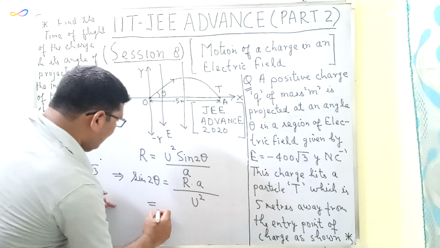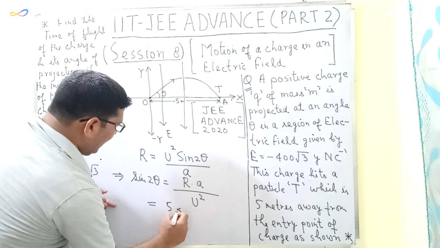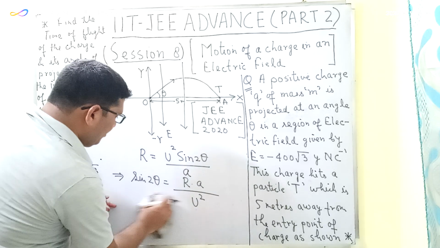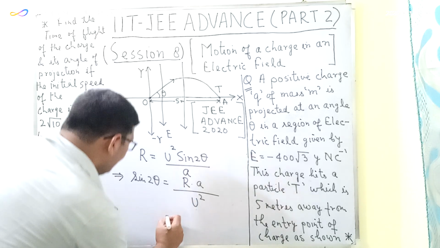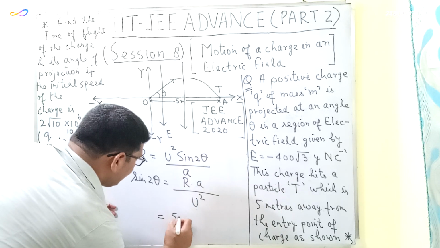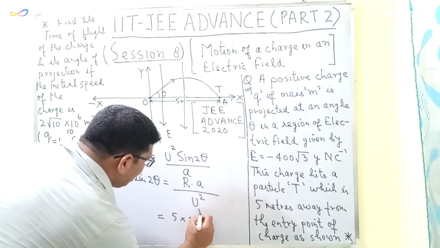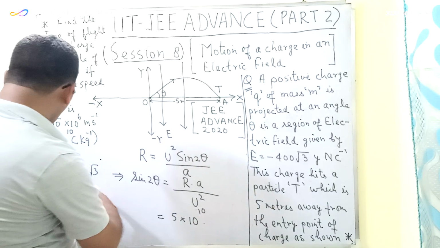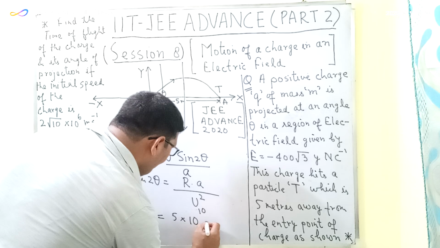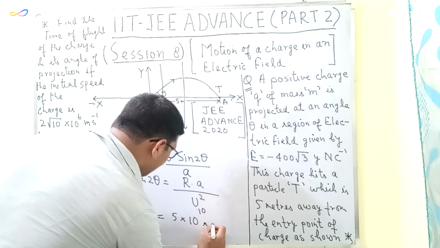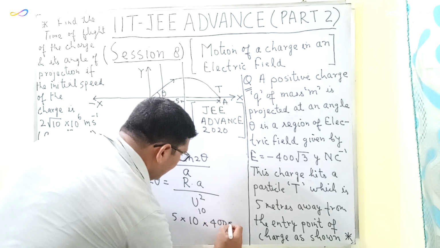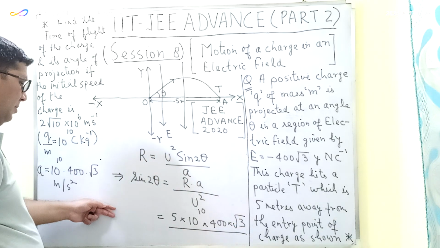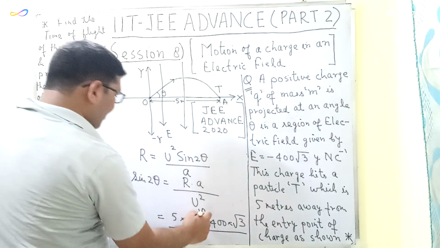Now here range is 5 meters, acceleration is 10 to the power 10 multiplied by 400 into root 3, divided by u squared.